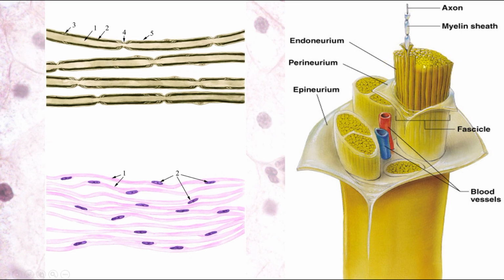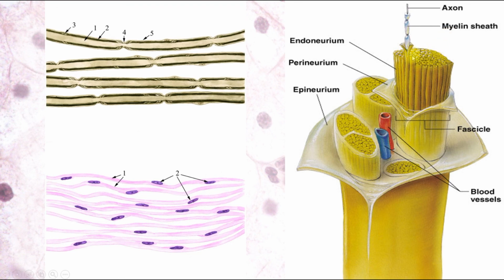Inside the bundles, they have very thin layers of loose connective tissue which contains capillaries which provide their nutrition, and it's called endoneurium. Endoneurium is a very thin layer of connective tissue inside the bundle of nerve fibers. If you remember muscles, there were endomysium, perimysium, epimysium, and the same layers of loose fibrous connective tissue are present in nerves also.